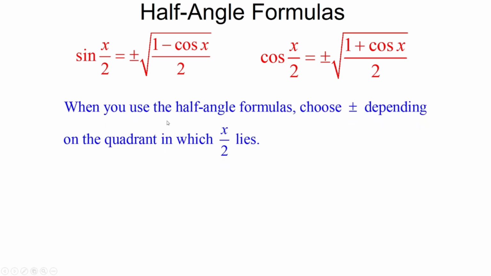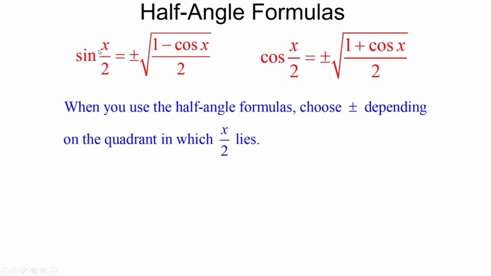Well, when you use the half angle formulas, choose your plus or minus depending on the quadrant in which x over 2 lies. So you just think about this angle right here. Sine of that angle, well, if that angle is in quadrant 1 or quadrant 2, I'm going to be positive.